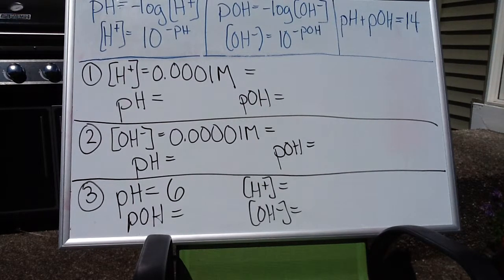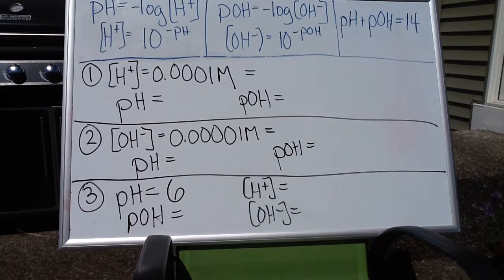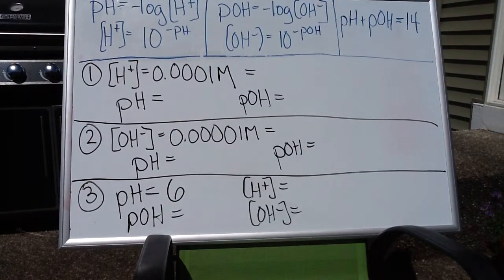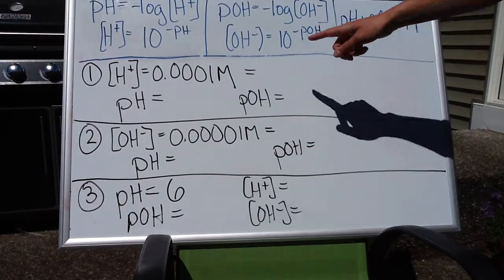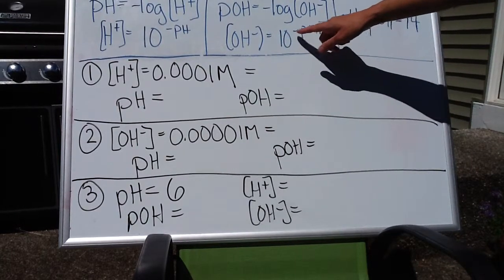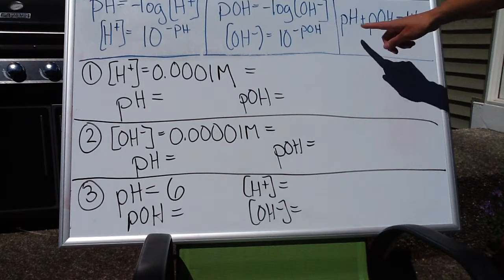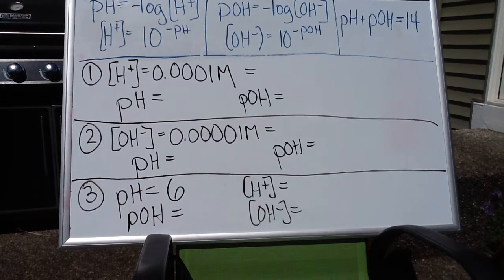The pOH is another value that you might see, and the pOH is really similar to the pH. It just has to do with the hydroxide ion concentration rather than hydrogen. So the pOH is the negative log of the hydroxide ion concentration, and the hydroxide ion concentration is 10 to the negative pOH. And pH and pOH are related to each other.